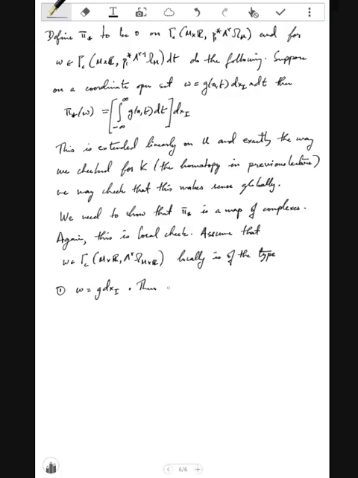Then d of pi lower star omega is equal to 0, since pi lower star omega is 0.